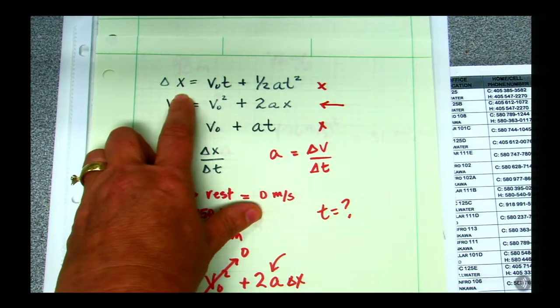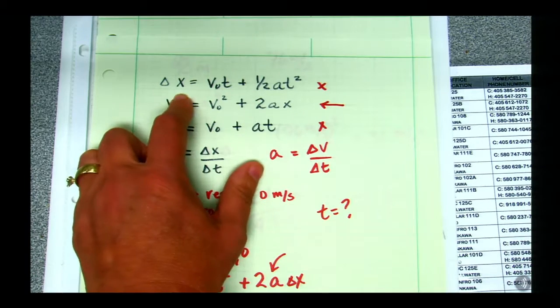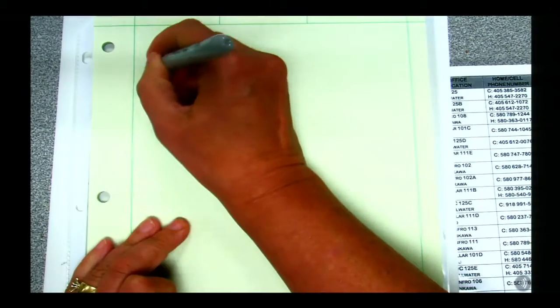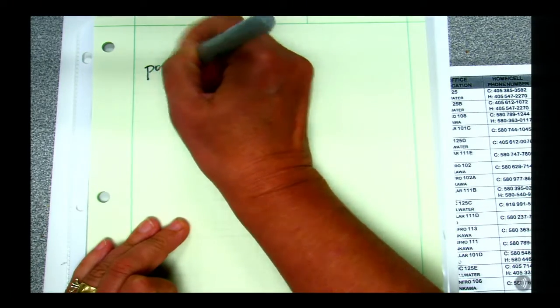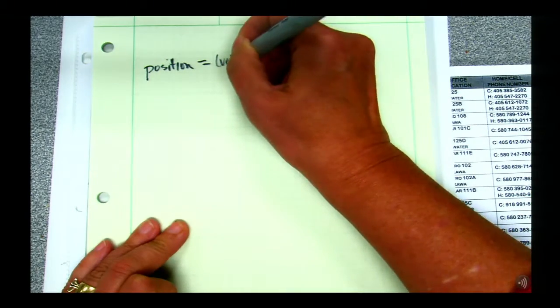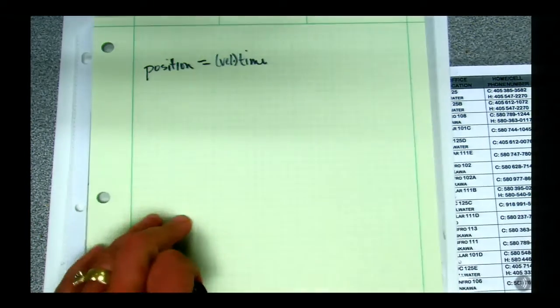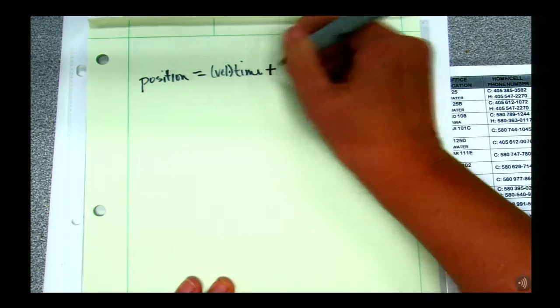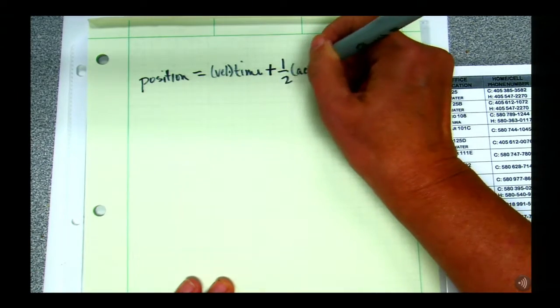And literally, guys, if it makes more sense for you to do this, and really and legitimately it does, for a lot of you, if it makes more sense to say position, that's my position, is equal to my velocity times my time, if it makes more sense to actually write out the words, then that's plus my 1/2 my acceleration times time squared.